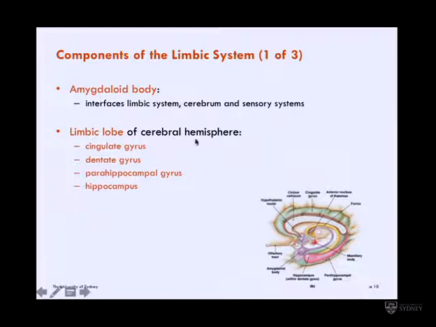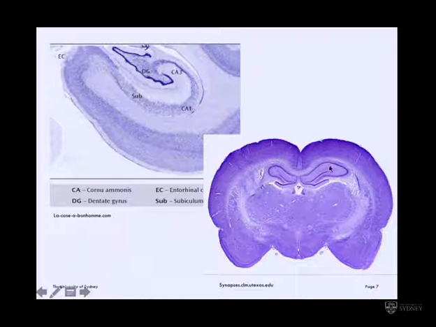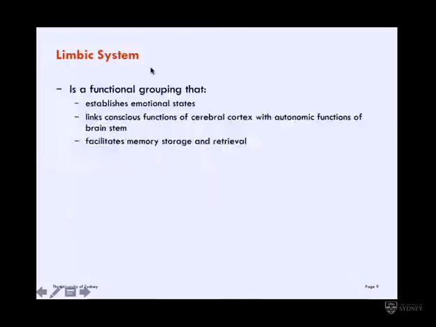The limbic lobe consists of the cingulate, the dentate, the parahippocampal gyrus, and the hippocampus. So these structures are all shown here. You can see the amygdaloid body. Here's the hippocampus. And within that hippocampus is the dentate gyrus, and the dentate gyrus refers to this region right here. That little bit is called the dentate gyrus, DG.